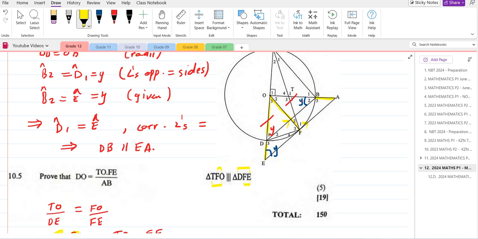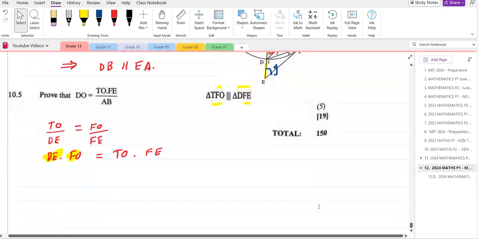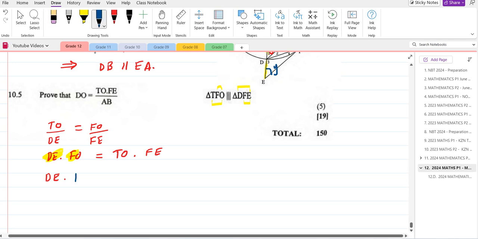Okay, so we can now go and replace FO with DO. We're replacing FO with DO, okay? DE times DO equals TO times FE, because DO is equal to FO, and that's the radii.